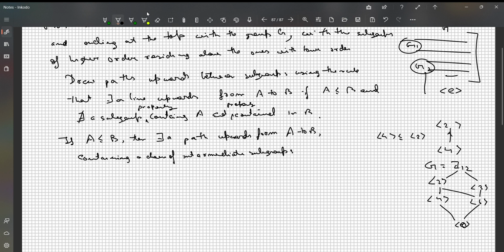Now obviously 0 is a subgroup of 2, so we have a path from 0 to 2 passing through 4, right? Similarly, it's a subgroup of 3, so we have a path from 0 to 3 passing through 6. And the reason behind this is that if A is a subgroup of B and B is a subgroup of C, then obviously A is a subgroup of C as well, and that's pretty easy to notice, right?